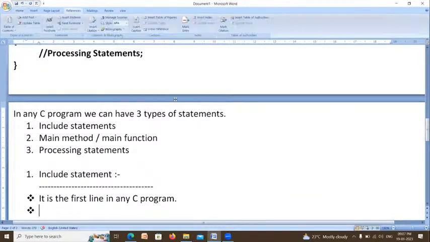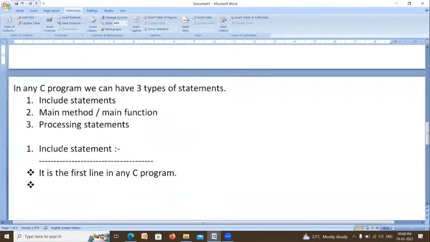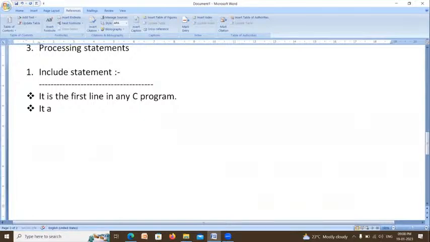Right. It always begins with a hash symbol. The symbol name is hash symbol.